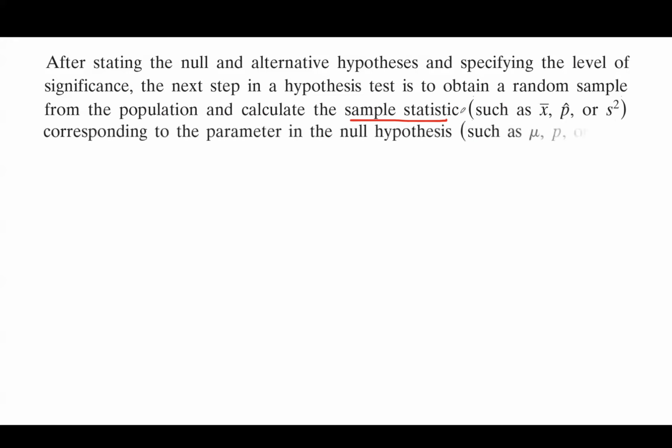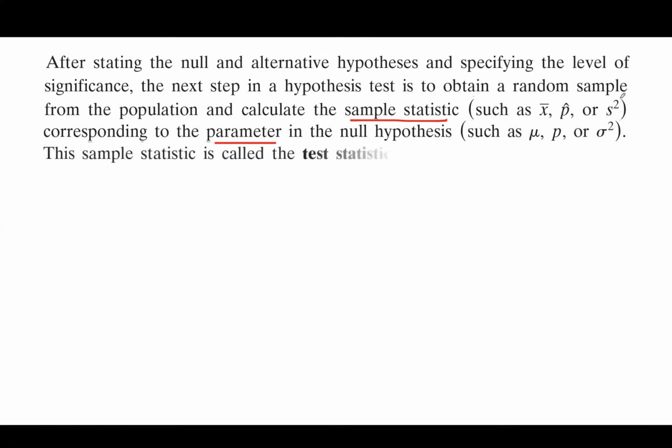These test statistics all correspond to the parameter of the population that you're working with. If the population parameter is mean or mu, you're going to use X bar or sample mean. If the population parameter is P, proportion, you're going to use sample proportion. If the population parameter is the variance, you're going to use the sample variance.